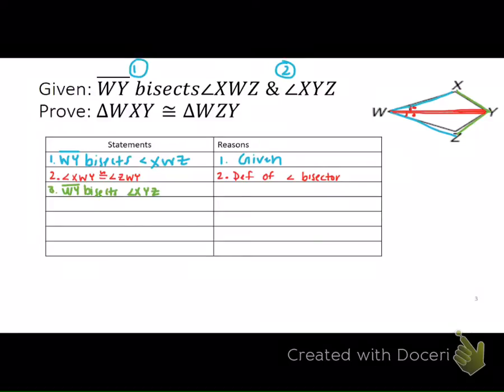Because we're doing that same thing. We're defining an angle bisector. So what two pieces are congruent there? What two angles are congruent on that green angle that I have outlined here? I'm looking at XYZ being cut by this here.